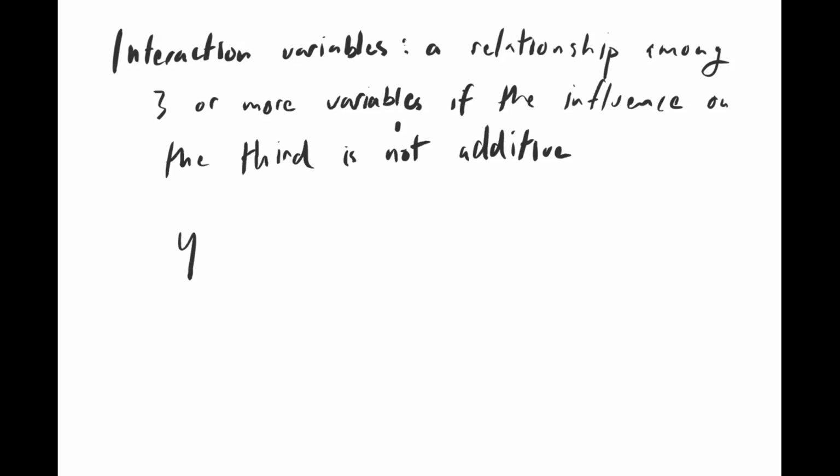So if we have our typical regression equation, suppose we have 2 variables. And then suppose that we think that there is a relationship between the 2 variables that we have in our model already.